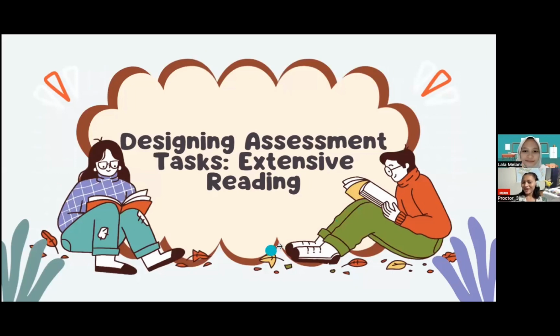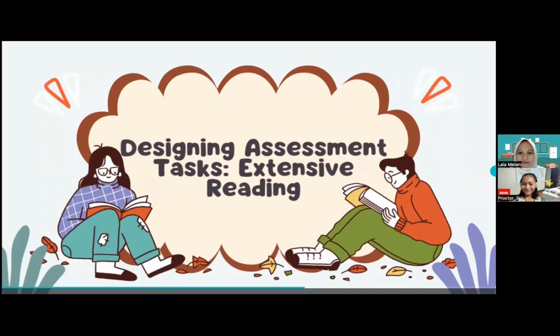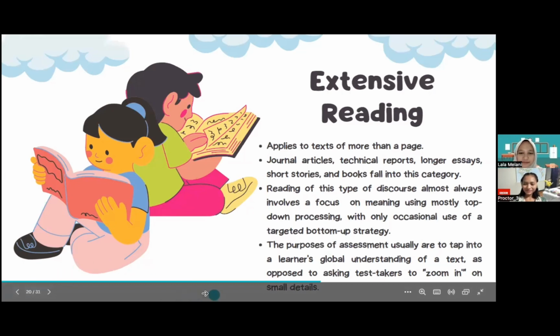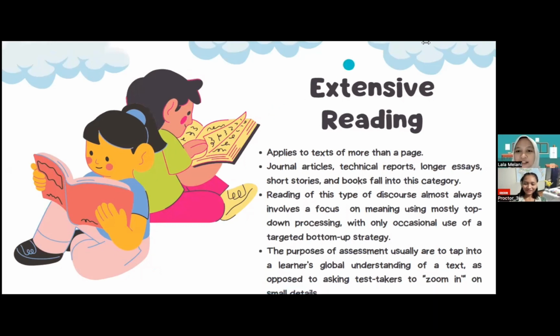Okay, so the next one we have is extensive reading. Extensive reading applies to text of more than a page. Examples of this category are journal articles, technical reports, longer essays, short stories, and books.